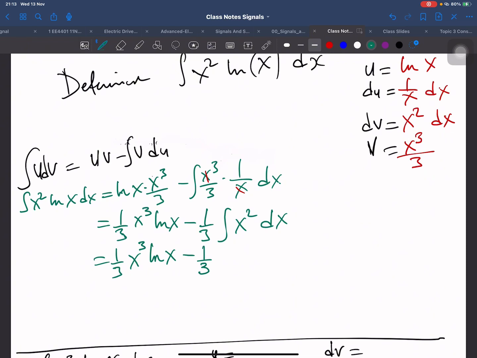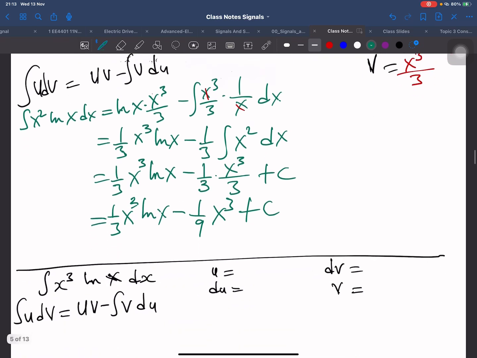If you integrate x squared, what you have is x cubed over 3, to multiply by 1 over 3, plus c, which is now the final answer: 1 over 3 x cubed ln x minus 1 over 9 x cubed plus c, and that's the final answer.